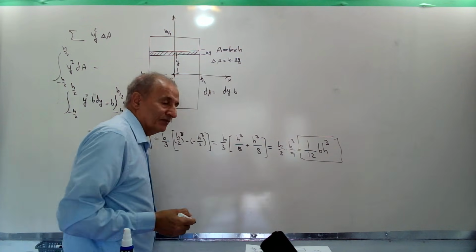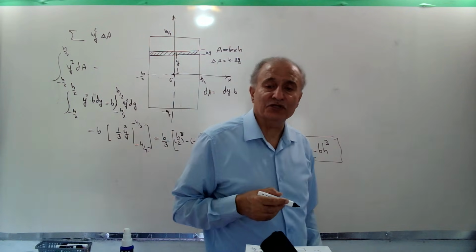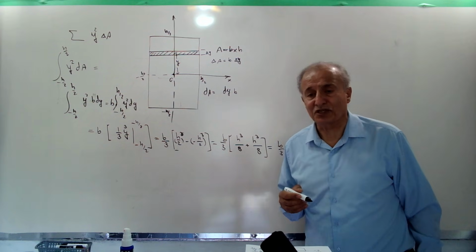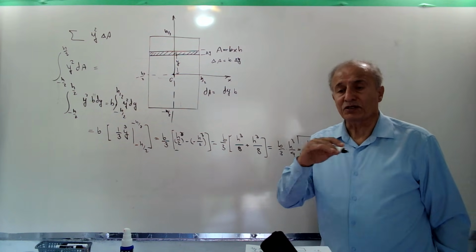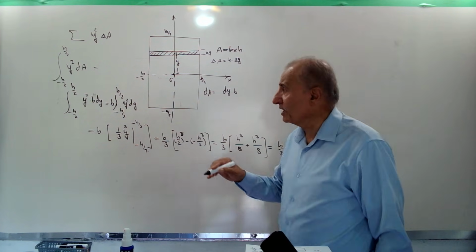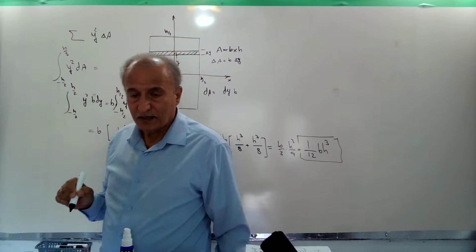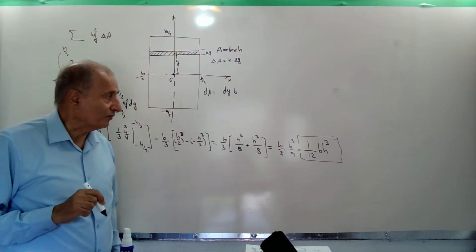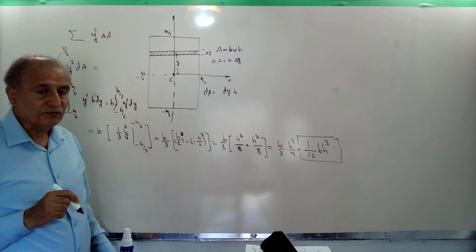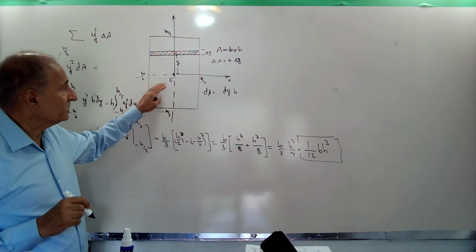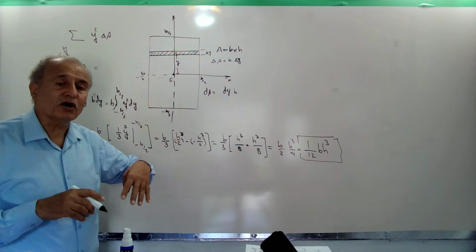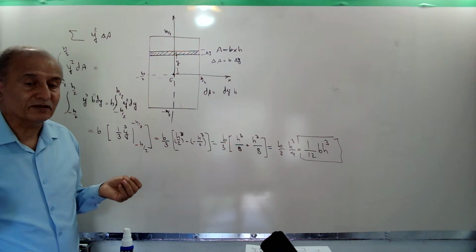This is the moment of inertia of the rectangular cross section about its centroidal axis, or the neutral axis in the beam, which is 1 over 12 b h cubed. If you want to find this moment of inertia about any other axis, why do we need that?